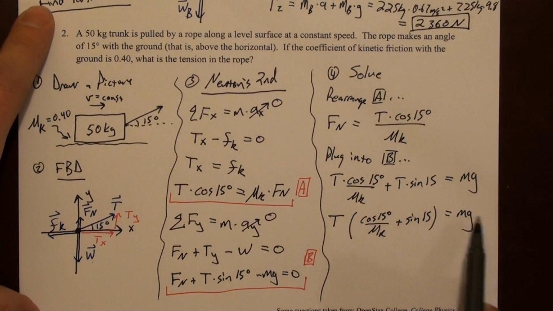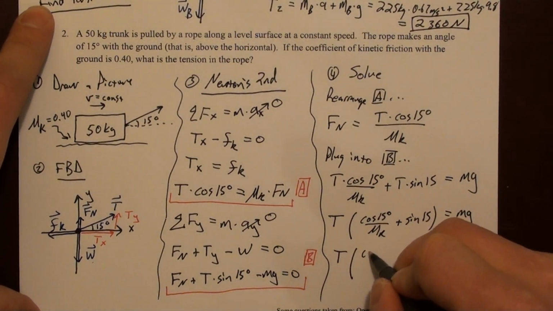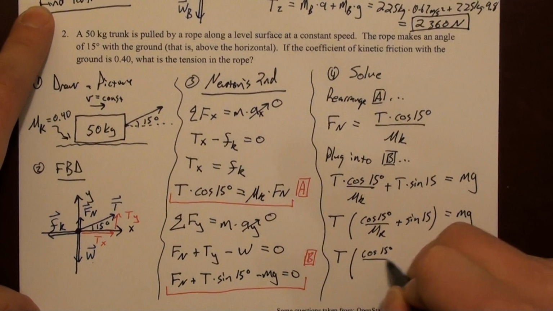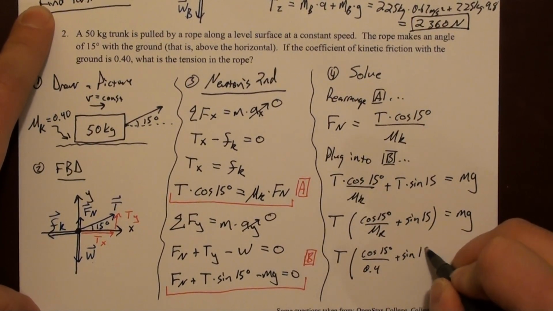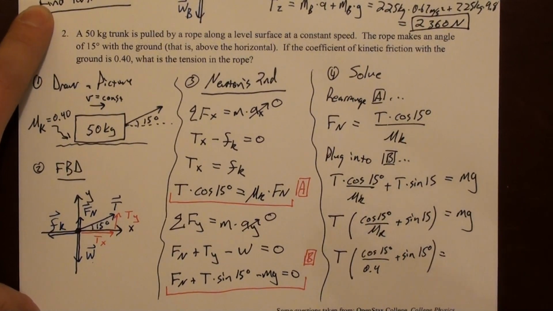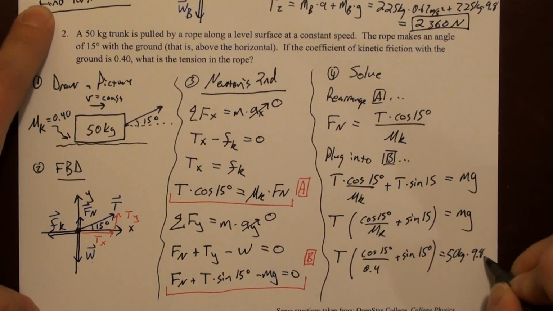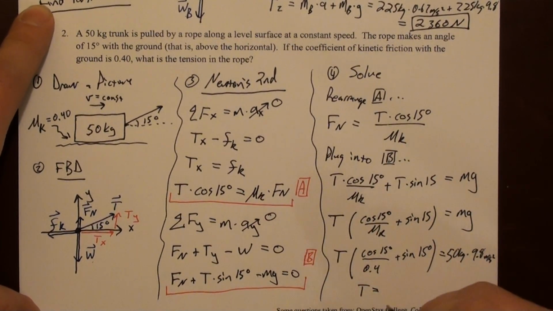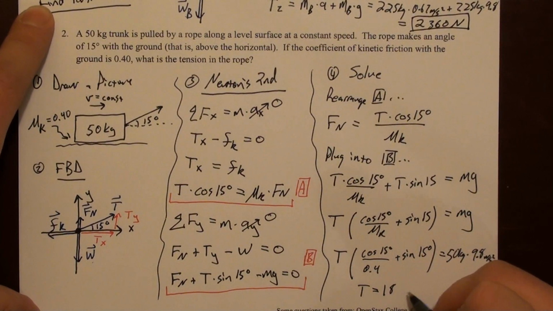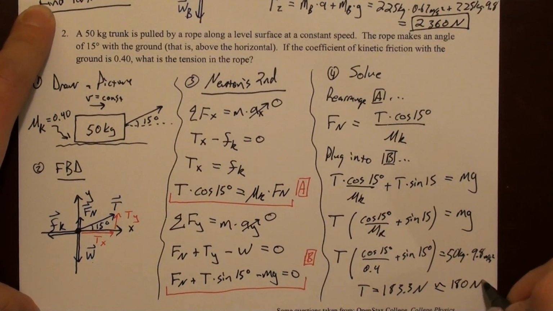I can plug the numbers in here and solve for T. So plugging numbers in, it's cosine 15 divided by 0.4 plus sine of 15 equals 50 kilograms times 9.8. And if you solve this for T, you get 183.3 newtons, or rounded to two significant figures, that's 180 newtons.